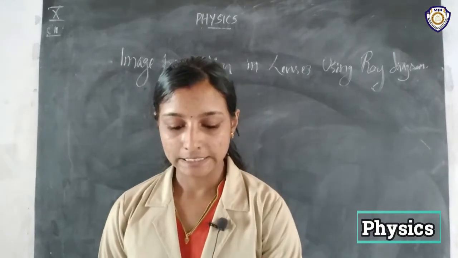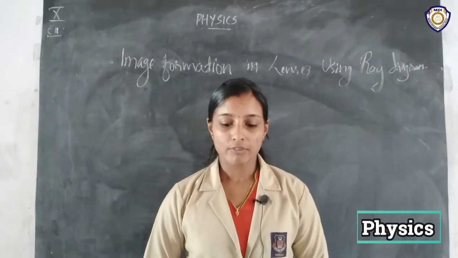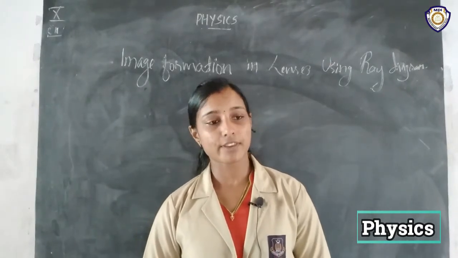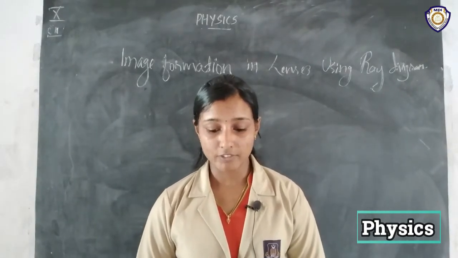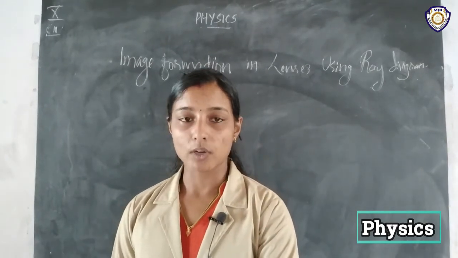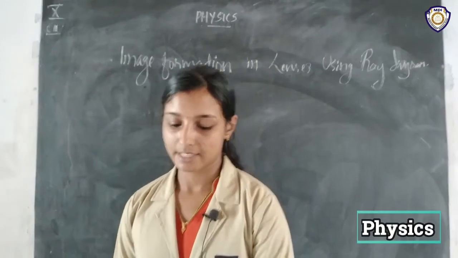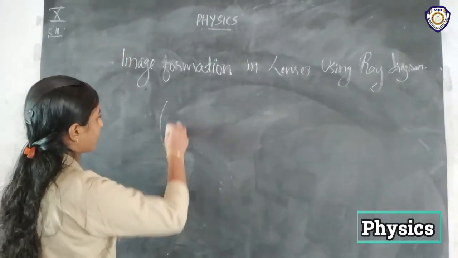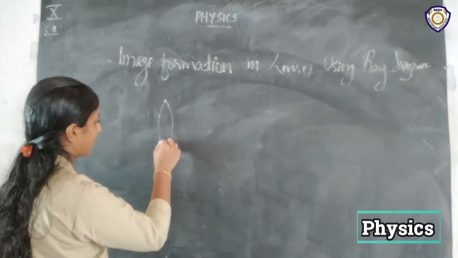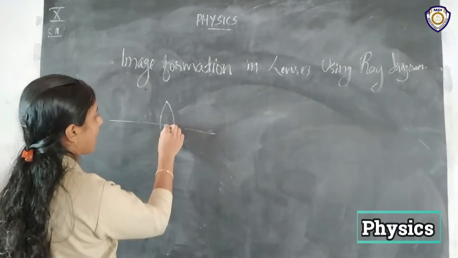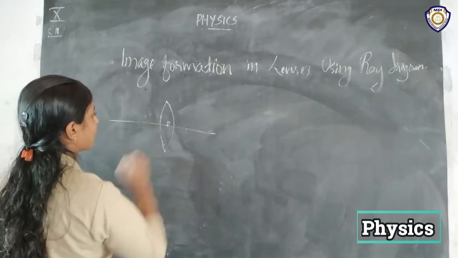First one: a ray of light from the object parallel to the principal axis, after refraction from a convex lens, passes through the principal focus on the other side of the lens. In the case of a convex lens, this is the principal axis and this is the optical center.